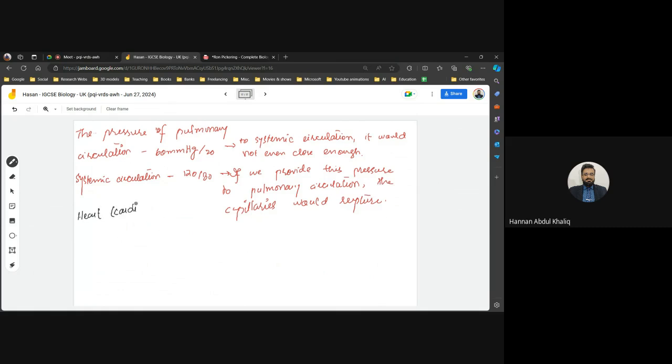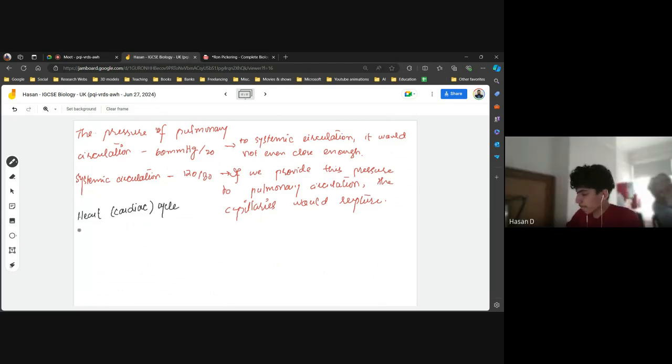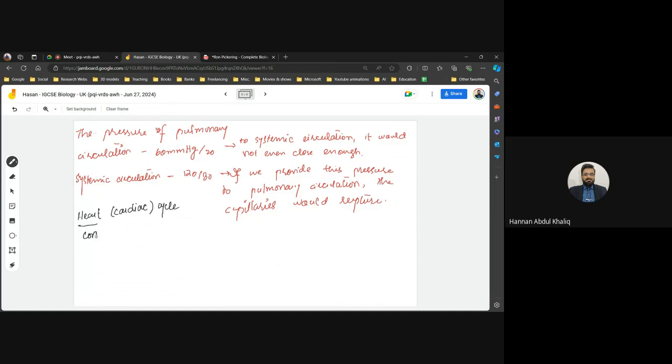There comes another topic called the heart or cardiac cycle. What is the function of the heart? The function of the heart is to contract and relax. For the contraction of the heart, we use the word systole, and for the relaxation of the heart, we use the word diastole.